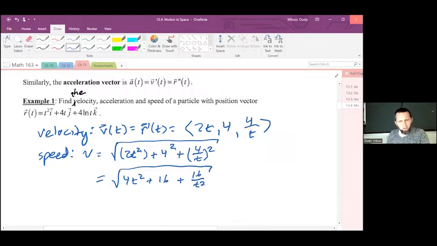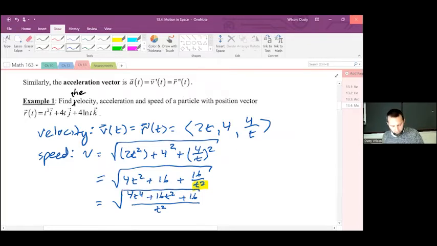Perhaps this will simplify. It seems unlikely, but it's perhaps worth trying. If we give ourselves a common denominator of t squared, this would be 4t to the 4th plus 16t squared plus 16 all over t squared.